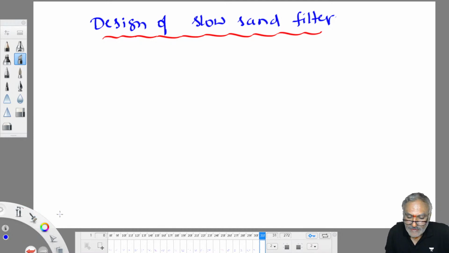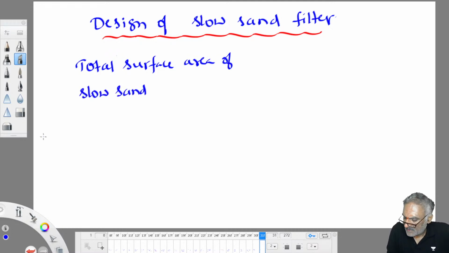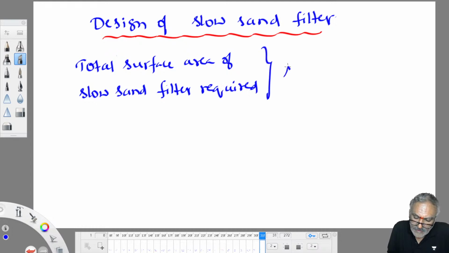Design of slow sand filter. There are two ways we can design. Type 1: first, we work out the total surface area of the slow sand filter required by rate of filtration.